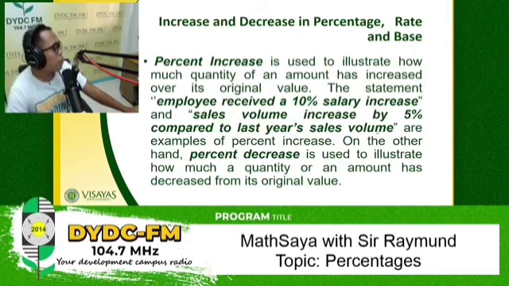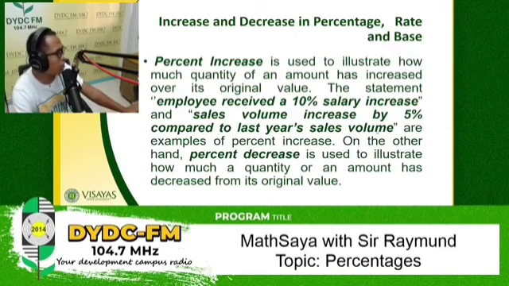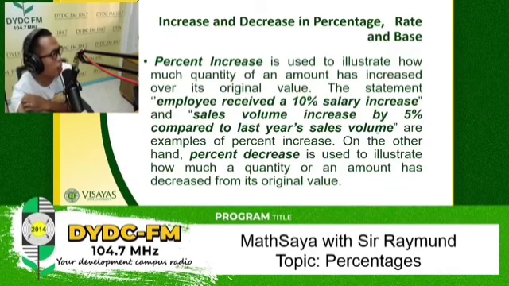Alright, so our next topic is about increase and decrease in percentage, rate, and the base. So percent increase is used to illustrate how much a quantity of an amount has increased over its original value. The statements employee received a 10% salary increase and sales volume increased by 5% compared to last year's sales volume are examples of percent increase.